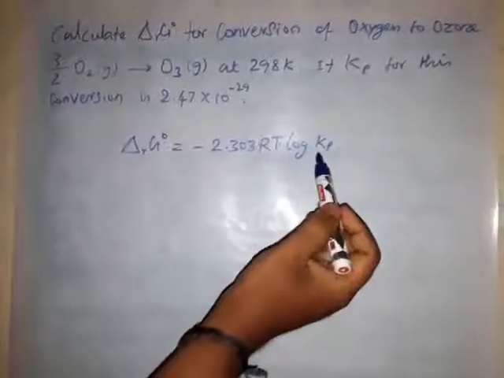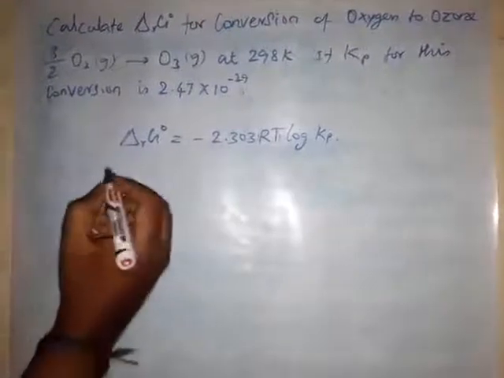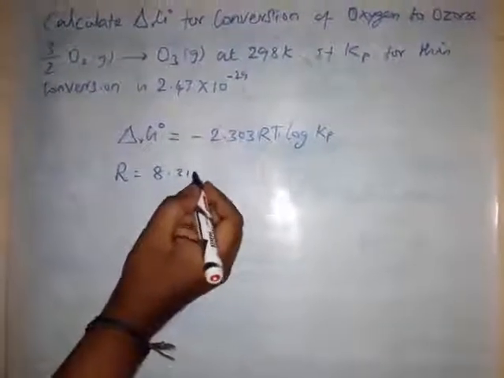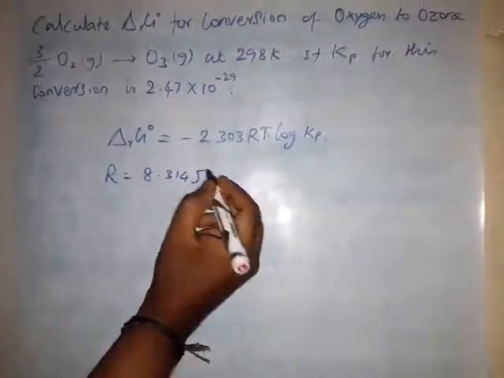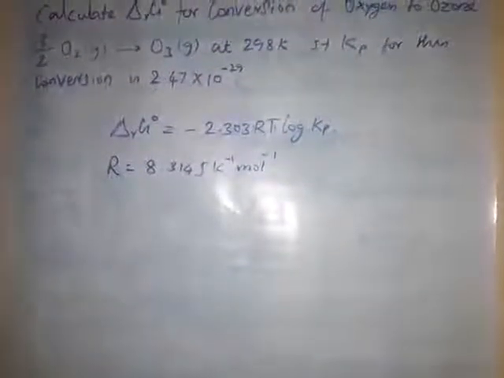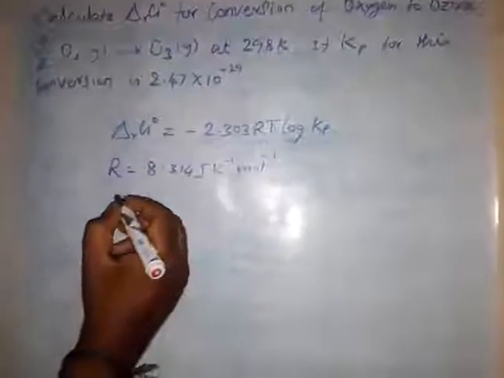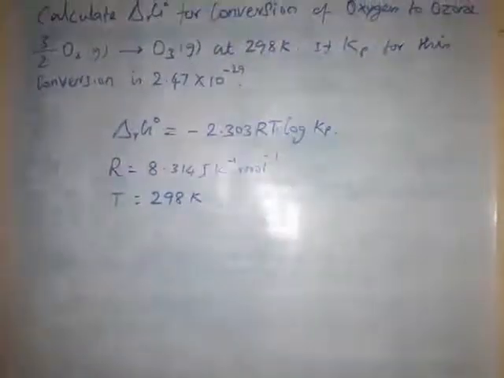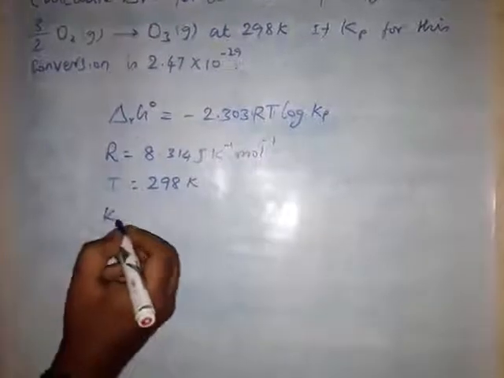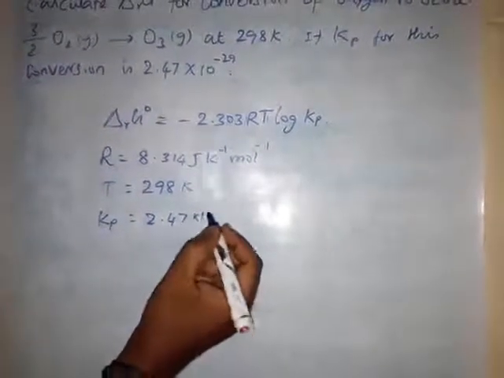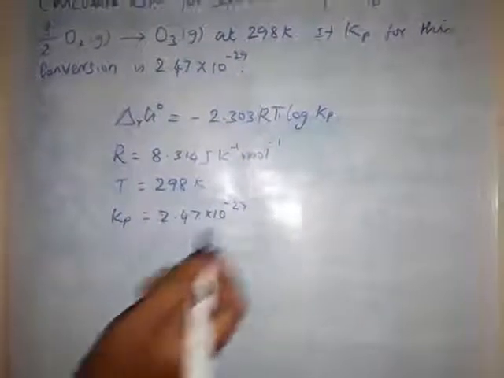We know the Kp value and the R value. The gas constant value is 8.314 joule Kelvin inverse mole inverse. Then the temperature is given, that is 298 Kelvin, and the Kp value is 2.47 into 10 power minus 29.